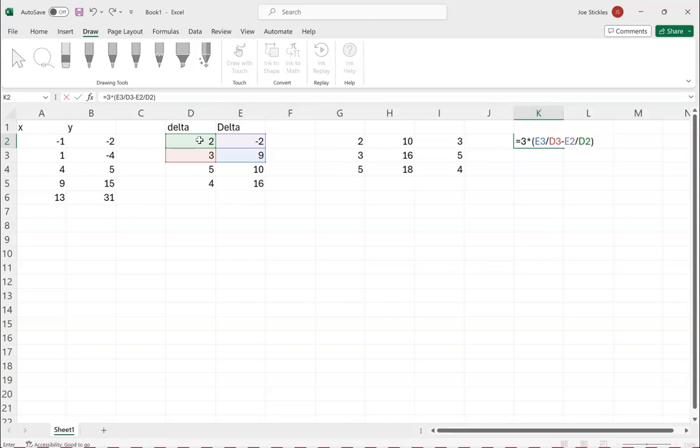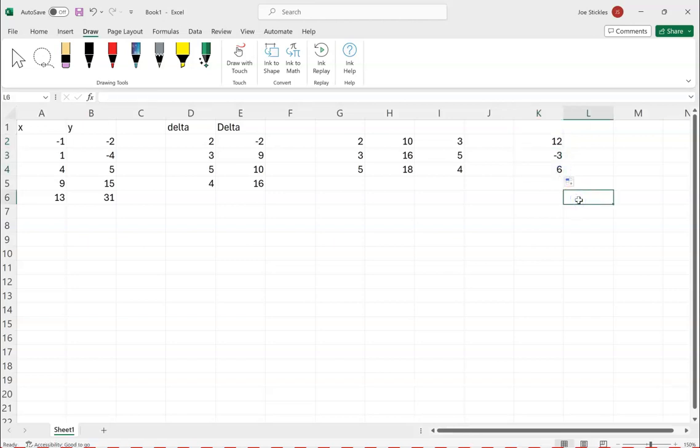Capital Y delta 2 over X delta 2 minus Y delta 1 over X delta 1. That should give us 12. And then the other 2 should pop out as I copy this down now. There we go. Those should be the values that we have, right? Yes.